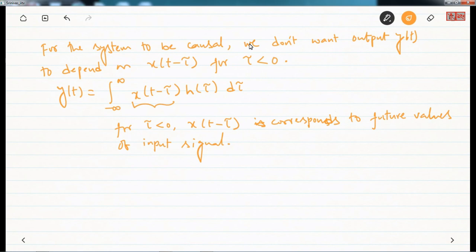And we don't want that. So we don't want the output to depend on future values of the input signal. That means we don't want it to depend on x of t minus tau for tau less than 0.